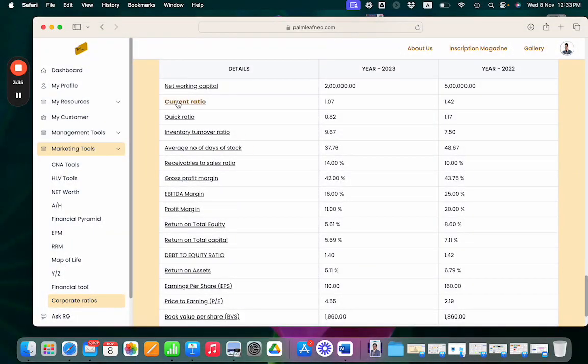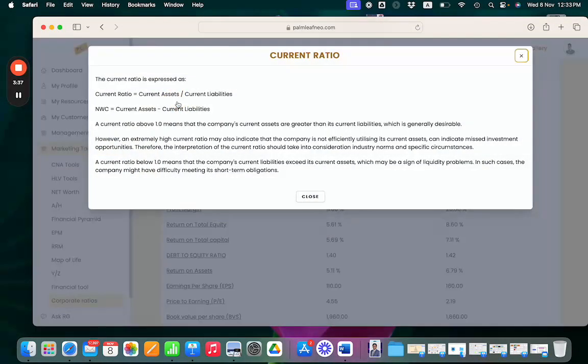Similarly, current ratio. The ratio is defined here: current assets divided by current liabilities. You know that we have already done the net working capital, where we have already explained what are the current assets and what are the current liabilities. Current ratio above 1 means that the company's current assets are greater than the current liabilities, which is generally desirable.